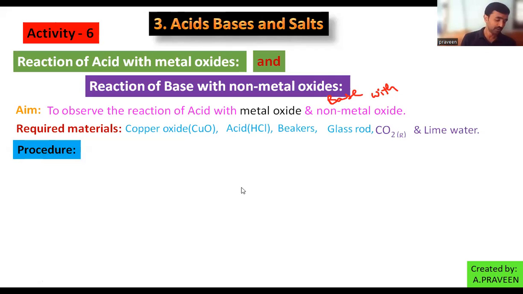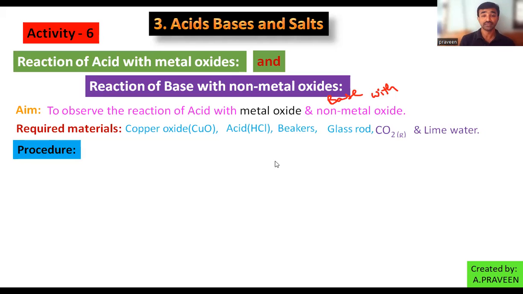Copper oxide is a black solid, and on adding it to HCl, you will get a bluish green colored liquid. That indicates the salt formed, the new product, copper chloride, cupric chloride. So this is the procedure you are following.